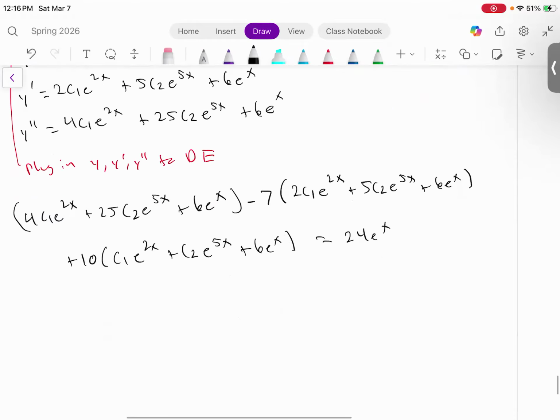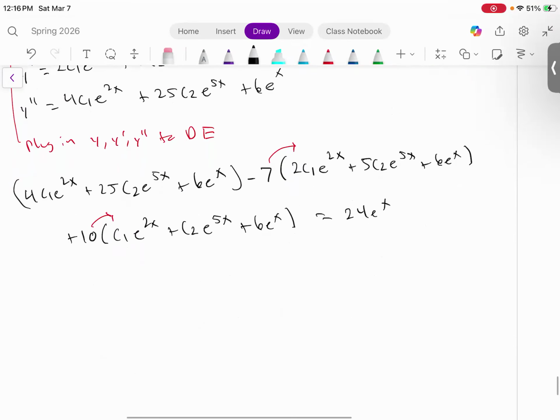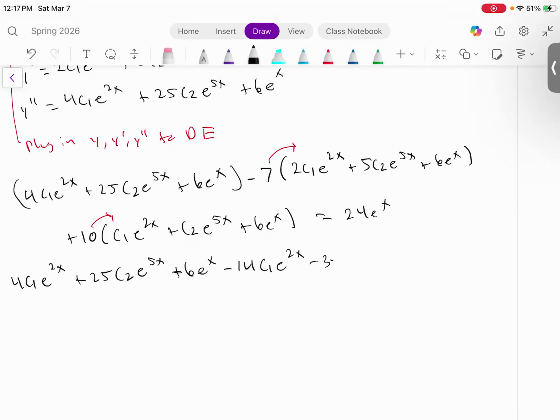Let's go ahead and distribute in this -7, distribute in this 10, and take away some of these parentheses. So what we get is 4c1 e to the 2x plus 25c2 e to the 5x plus 6 e to the x, minus 14 c1 e to the 2x minus 35 c2 e to the 5x minus 42 e to the x.